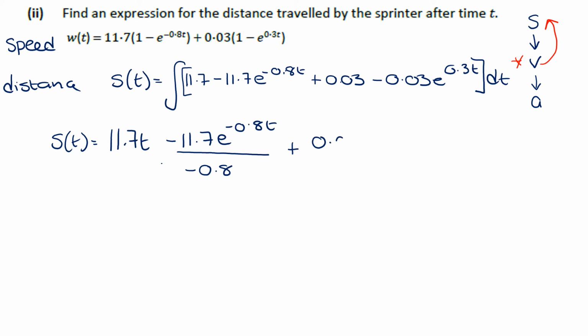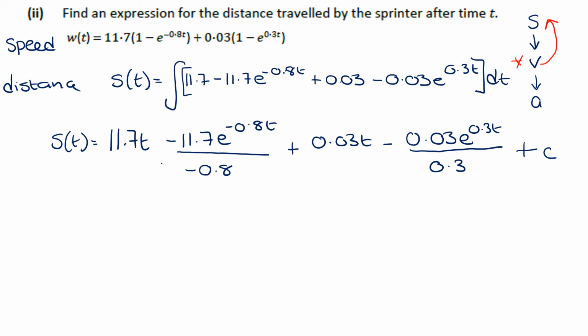I get 0.03t. I am not dividing by the power here because it's power 1, nothing is happening. So I'm minus 0.03e to the 0.3t, and again I'm dividing by 0.3. This is in our log tables as e to the power of ax, and then I have a plus c.